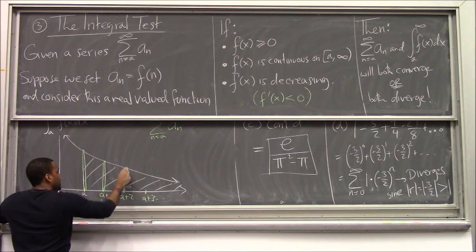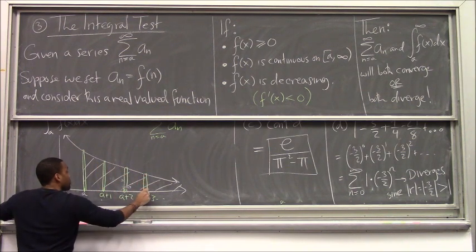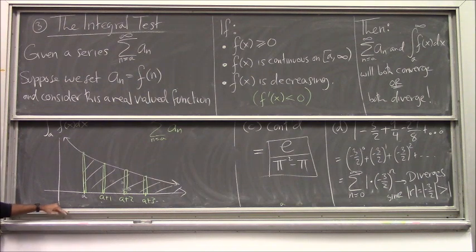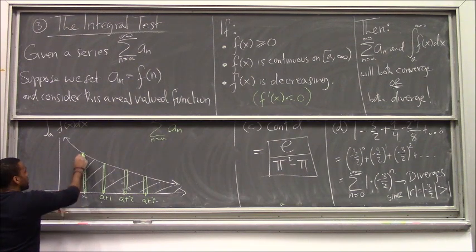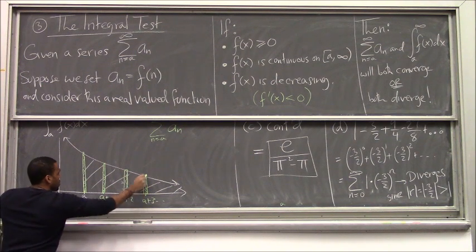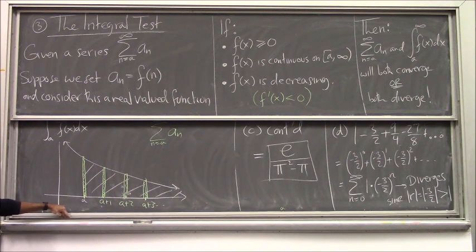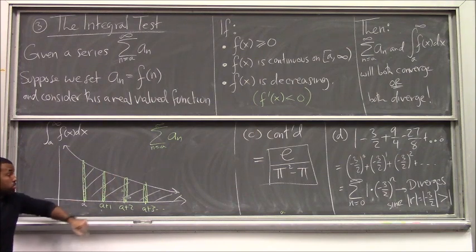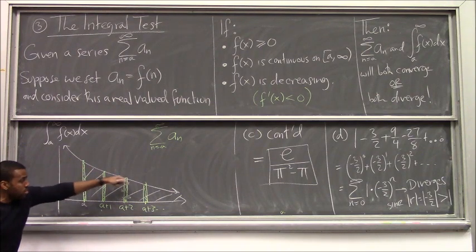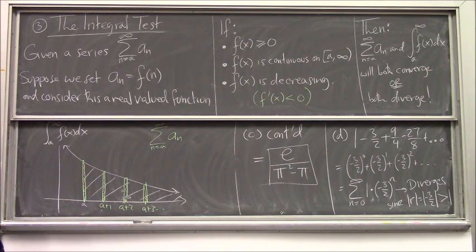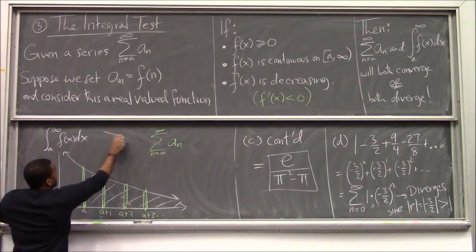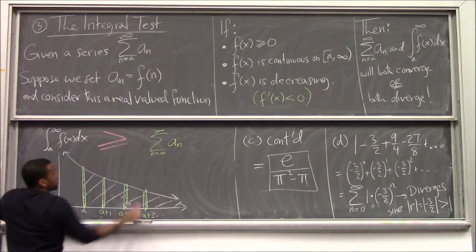So the series is basically going to add the number here, then add the number here, then add the number here, then add the number here. But the integral is adding up those numbers, plus it's actually finding the area under the curve in between all these numbers. The integral is for sure going to be larger than or equal to the series.